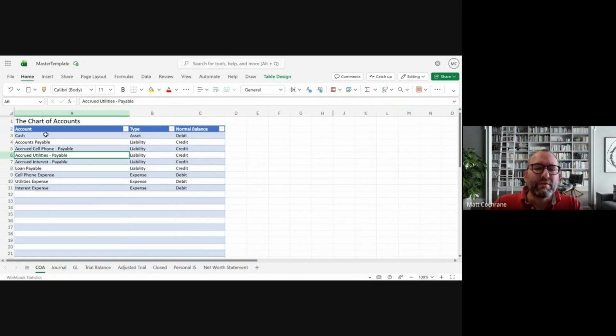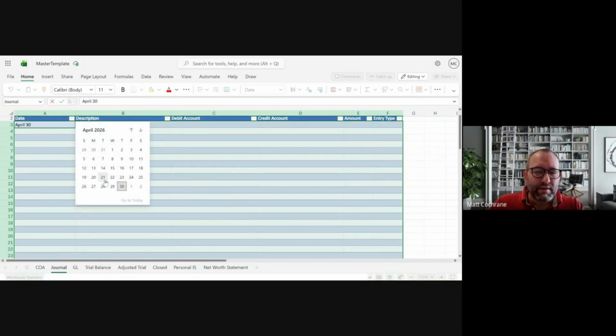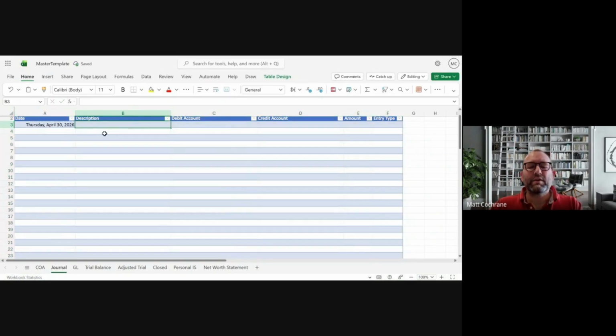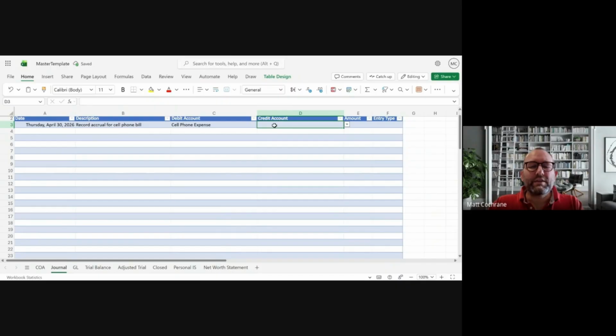So the way that we do that, we've got our chart of accounts here that you already see. We go to our journal and we have to type in, we're going to assume that it is April the 30th, 2026. We're going to say record accrual for cell phone bill. And we want to debit our phone expense because it is an expense. So we come down here and we see cell phone expense. And the other question is, what do we credit?